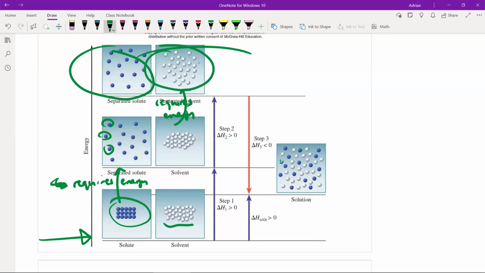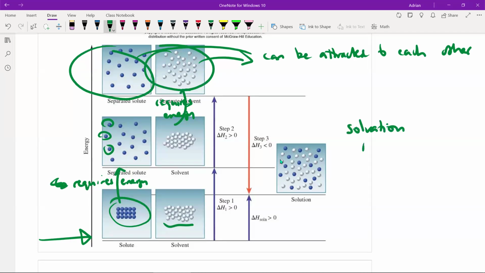Now these two can be attracted to each other via those forces we talked about before, right? As attractions form, that process is what the solution process is. The particles get solvated, so we have solvation happening here.